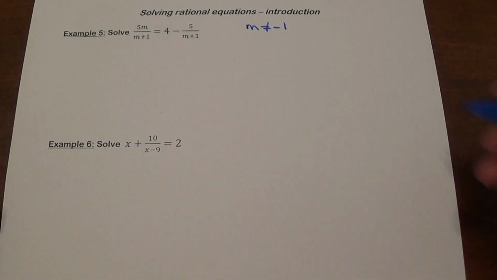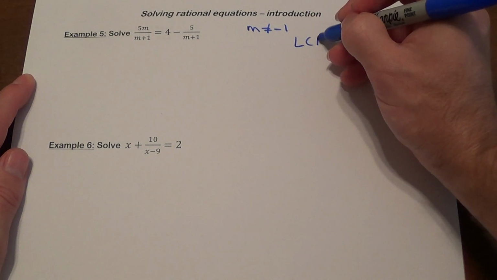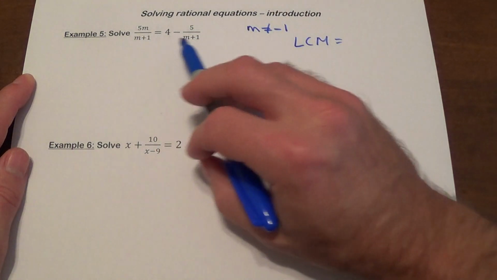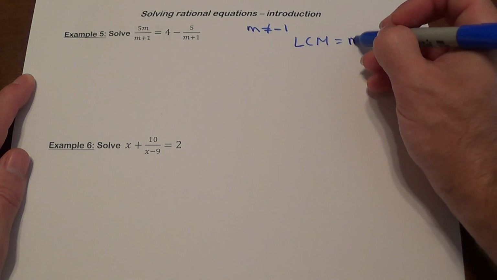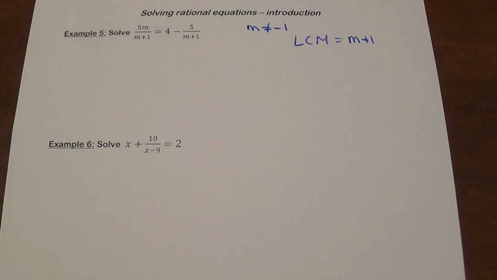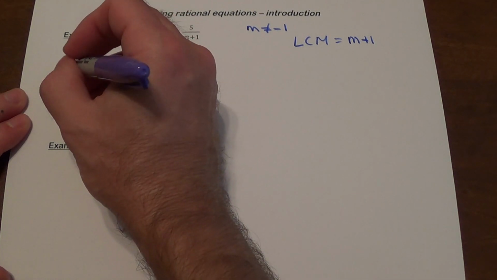So our least common multiple here that we're looking for, since there's only one expression, the same exact expression we have in the denominator, is going to be m plus 1. And what we do is we multiply both sides of that by m plus 1. So this is what it's going to look like.